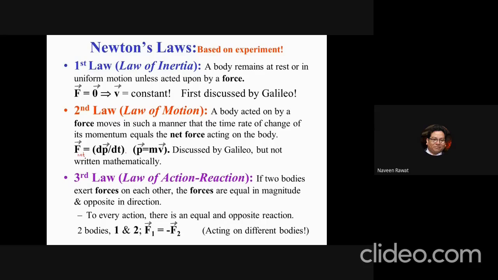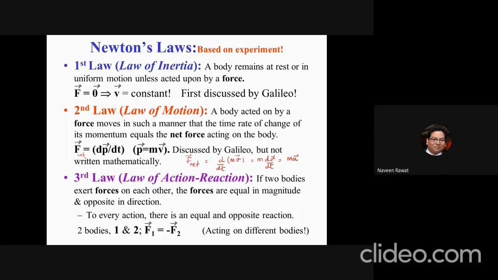We know linear momentum is given by mass times velocity. So if we rewrite this equation, the net force will be d by dt of m times v, and if you consider that the mass is constant, then you can take it out of the derivative and you get m dv by dt, and that is essentially mass times acceleration.